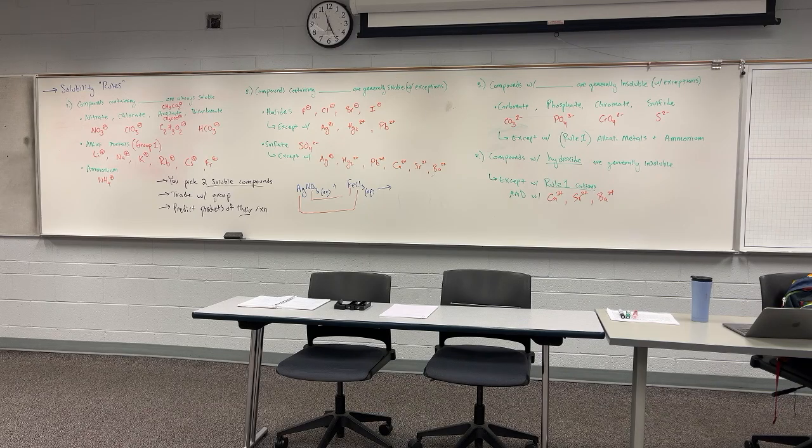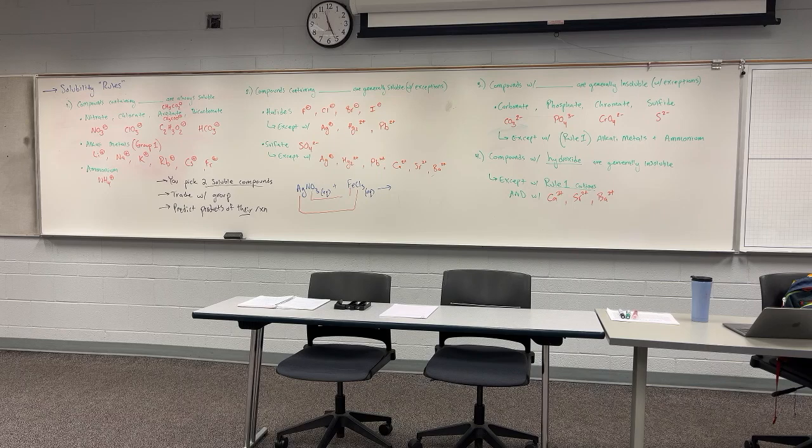Group 1 cations are always soluble, so our products will remain soluble. Last group over here. Again, I've got two group 1 cations. So the products that form, sodium chlorate and lithium nitrate, will remain always soluble.